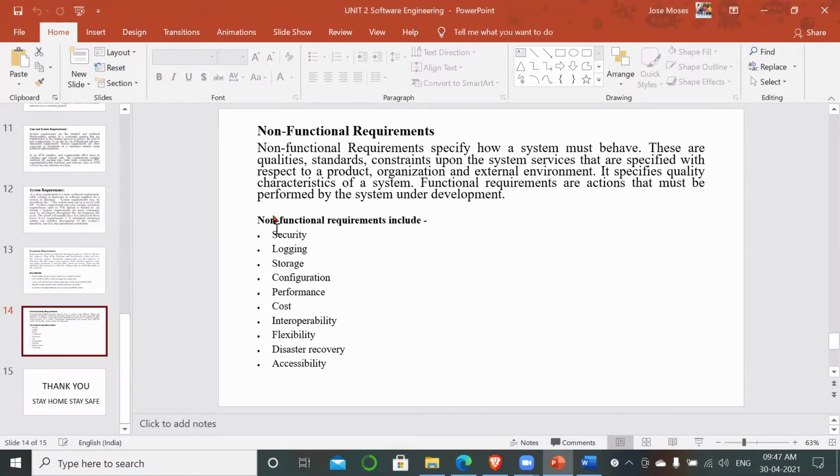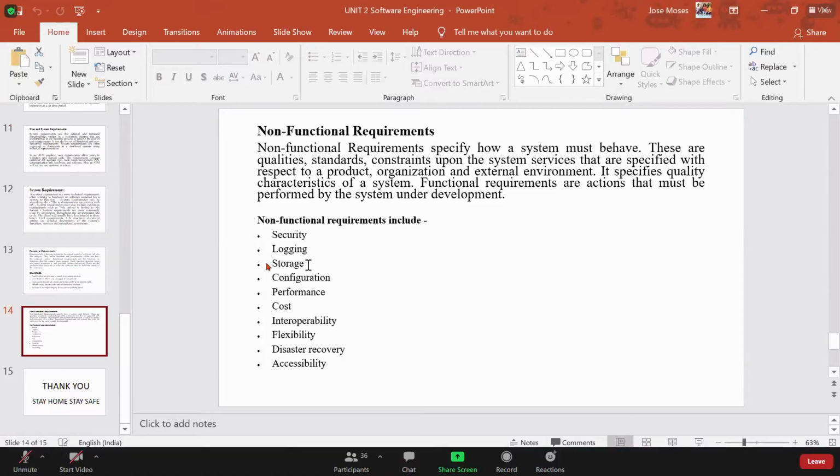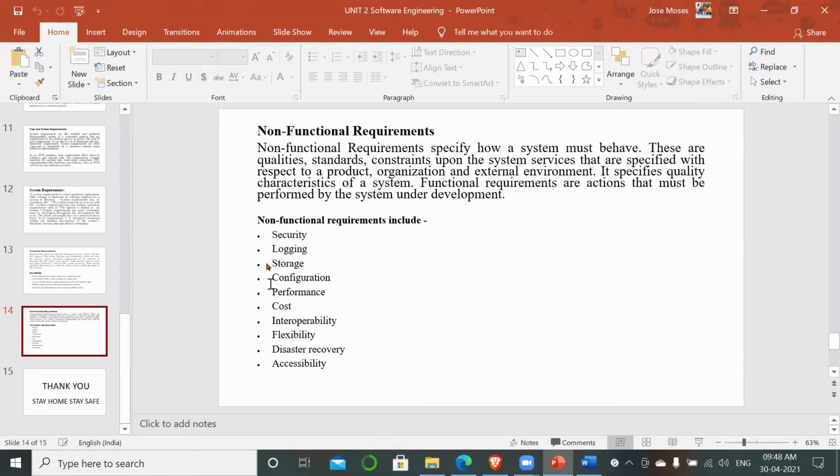If you observe these qualities, the non-functional requirements, they don't have any logical things to perform. Security is nothing but to provide some security aspect. Storage is just to store things. There is no functional concept involved in it. Whatever file comes, it stores it.